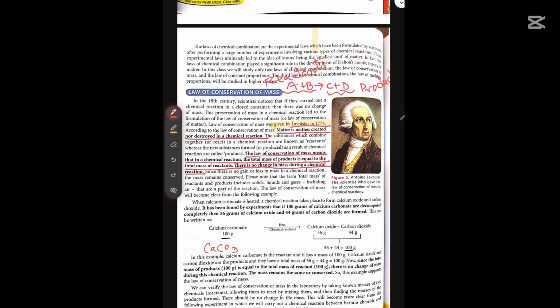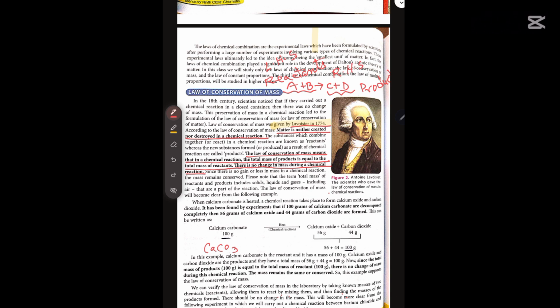That which are reacting are reactants, and they are generally on the left hand side of a chemical equation. And that which are formed are known as products, and they are on the right hand side of a chemical reaction.